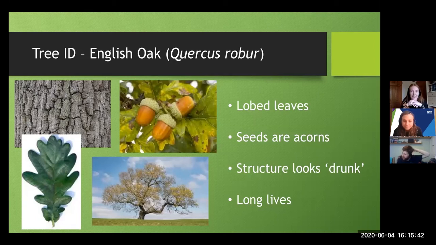Acorns, and this sounds weird, but to me they just look drunk. They're not very elegant, I would say. They often look a bit meh, but I think they're really pretty.